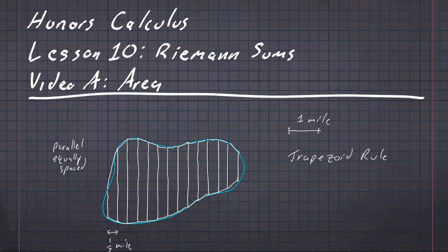So the next thing that I want to do is measure the length of each of these lines. I'm going to call the one at the left L0, and then I have L1, L2, 3, 4, 5, 6, 7, 8, 9, 10, 11, 12, and 13.